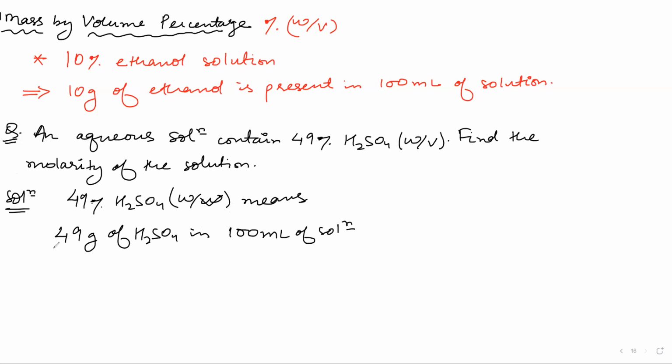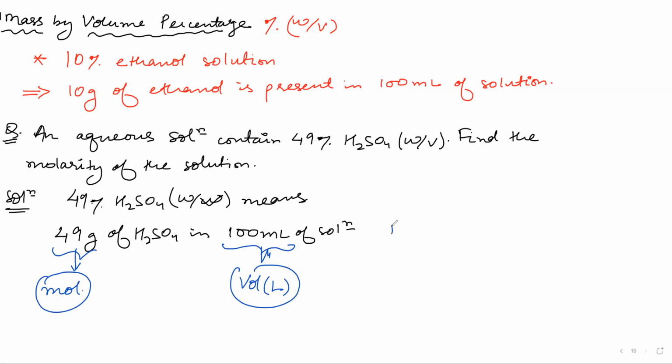The thing that you need to do just now is we'll convert this to mole. We'll convert this to volume in liters, and then you will use this mole and this volume in the formula: molarity is equal to number of moles divided by volume in liter of solution. Remember this is 100 ml of solution. This is 49 gram of H2SO4. This will be converted into moles. Tell me the answer of molarity.